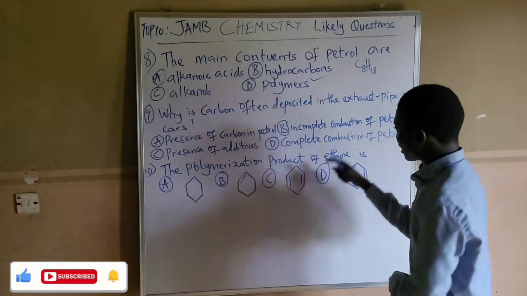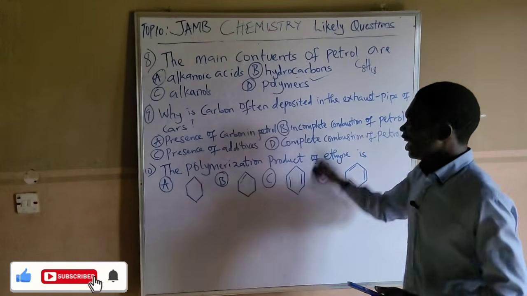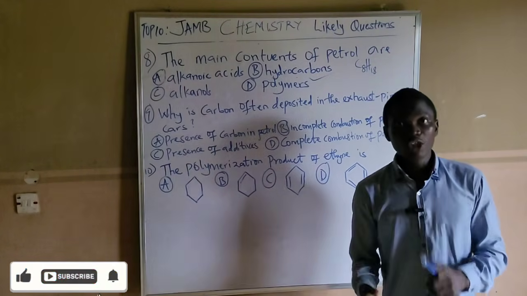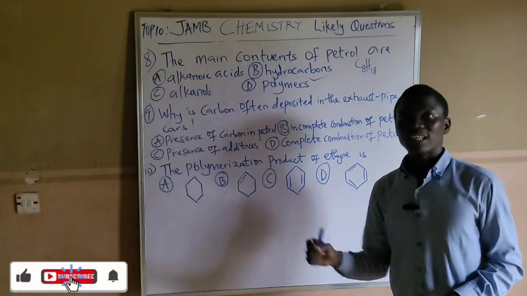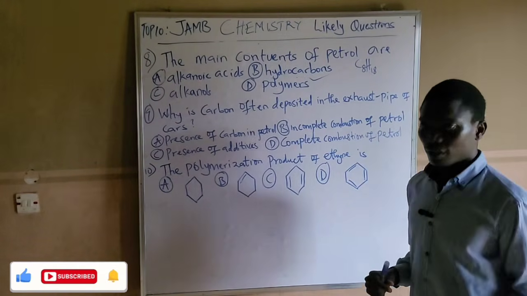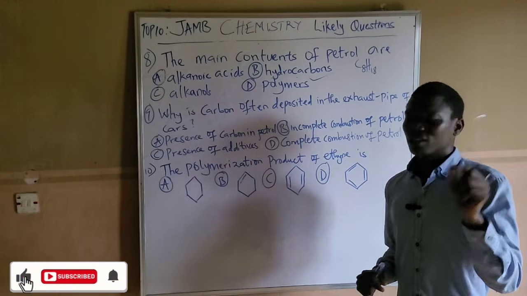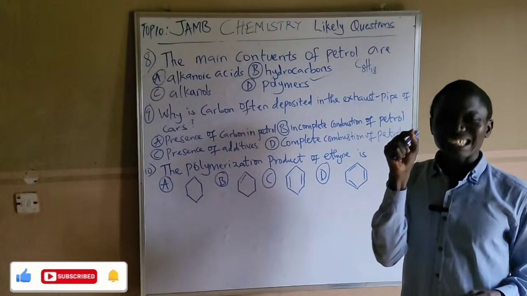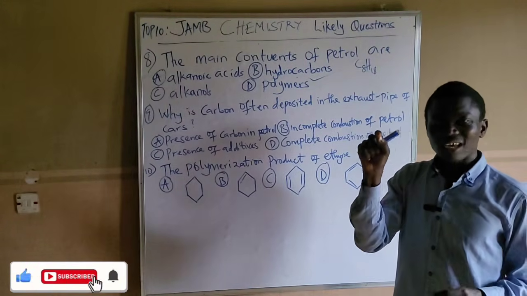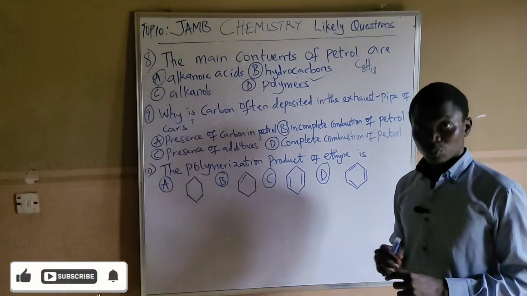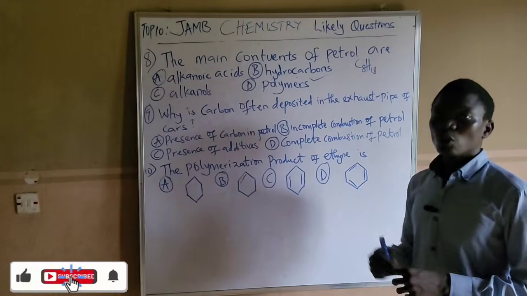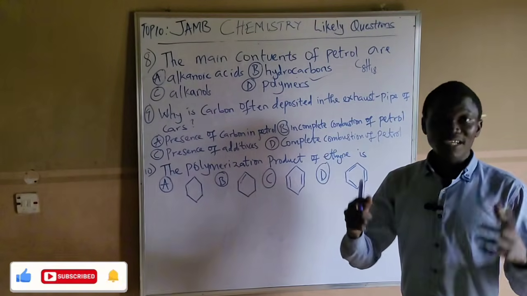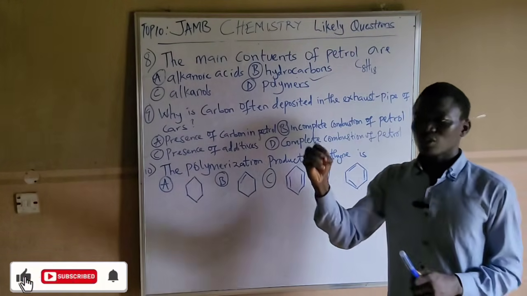So likewise it is in petrol here. If petrol burns completely, you will not see smoke. But if you see smoke, it's because petrol does not burn completely. And if petrol does not burn completely, there is presence of a carbon compound, which is CO, carbon monoxide. At times you also call it carbon monoxide. So there is presence of CO, which is very dangerous. So what results in that?